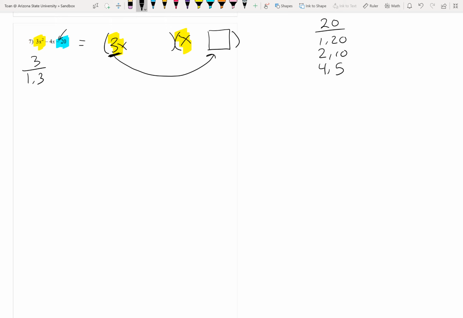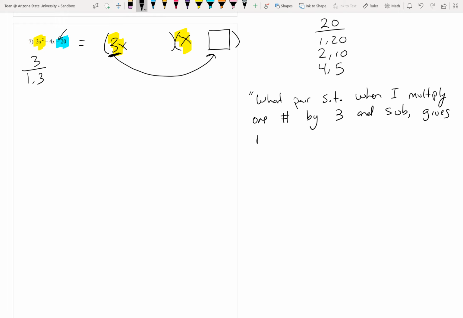So I have to ask myself, what pair is such that when I multiply one number by 3 and subtract, it gives me the middle number of 4? So it requires some mental math. I don't know what the right answer is off the top of my head, so I'm going to check.